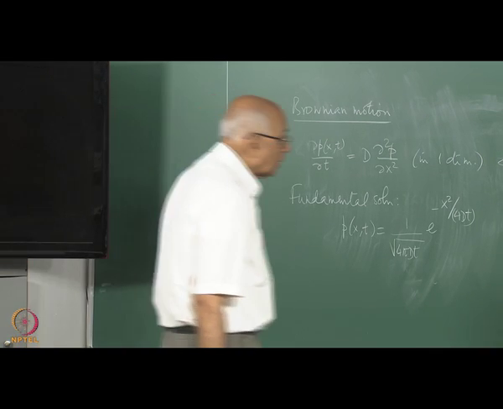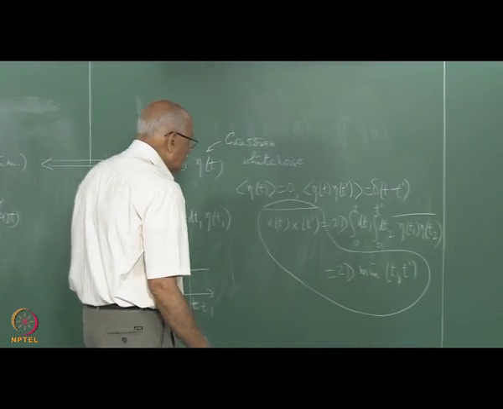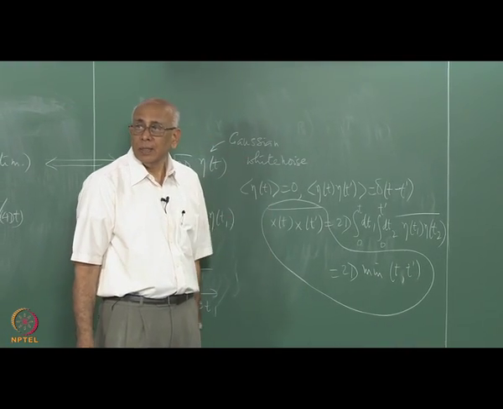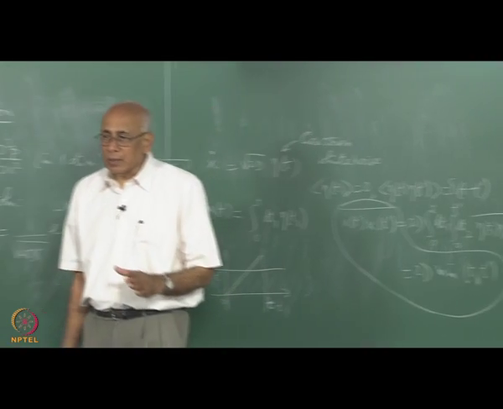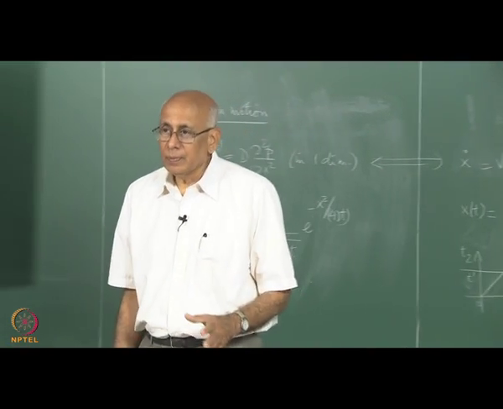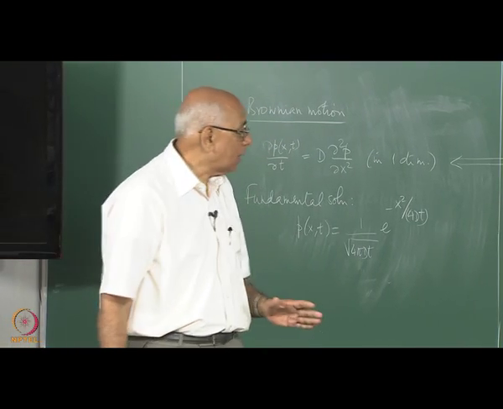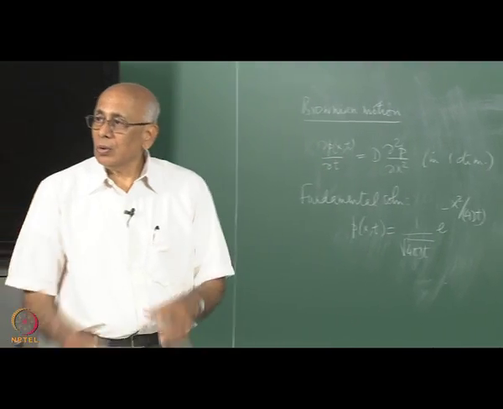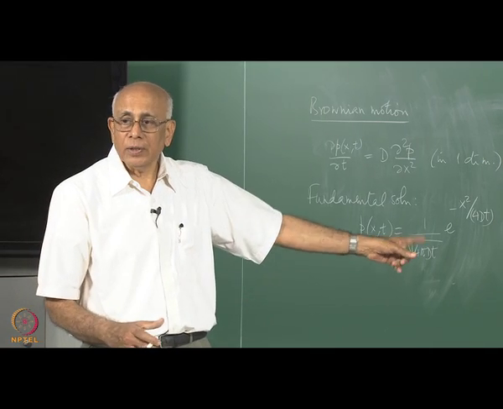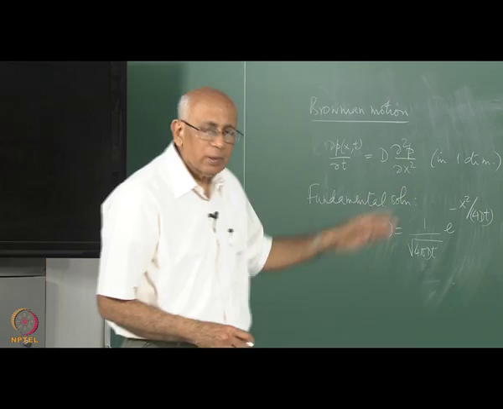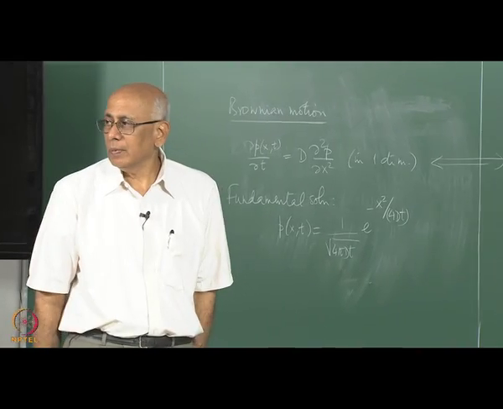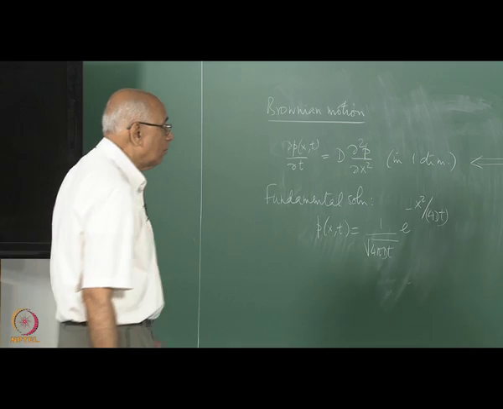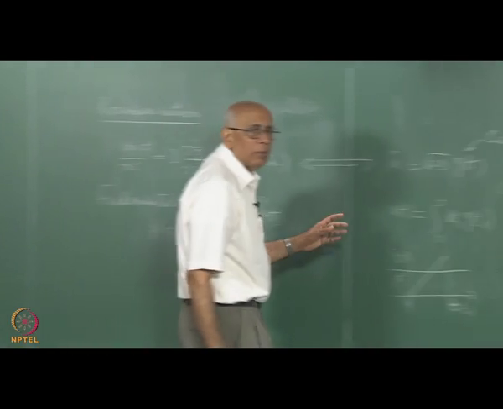Everything else follows. So that is one way of defining mathematical Brownian motion, namely it is a Gaussian process whose mean is 0, x of t average is 0 at any time t, and whose autocorrelation is this function here, some constant times the lesser of t and t prime. Okay. And this suffices to define the process, and it has got remarkable properties.